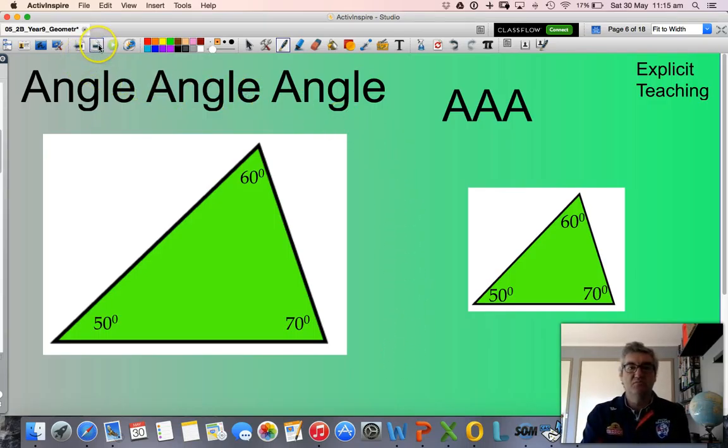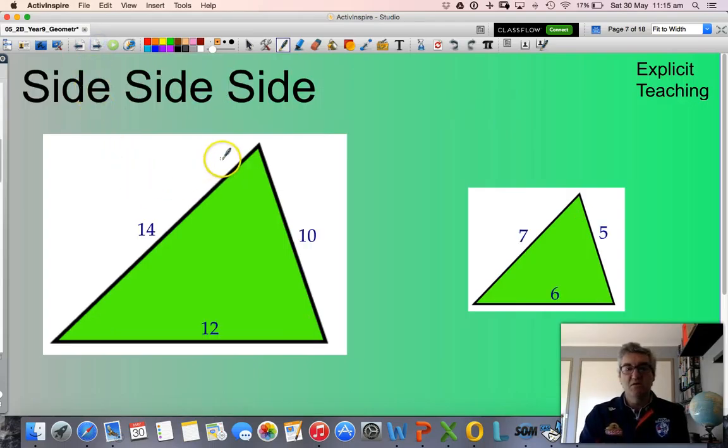The next rule. This time it is side, side, side. So if I identify my corresponding sides, such as 14 and 7, 10 and 5, 12 and 6.